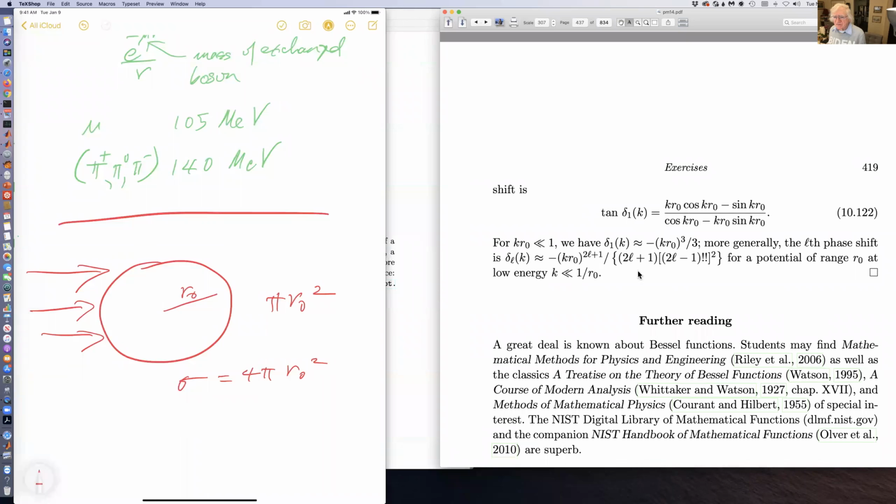What you're seeing is that S-wave scattering, in other words L equals 0, is the dominant scattering, because delta 0 is something like kr0, and delta 1 is something like kr0 cubed, from 2L plus 1, or 3.